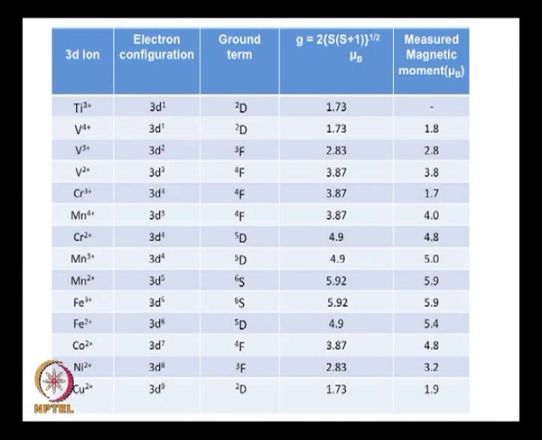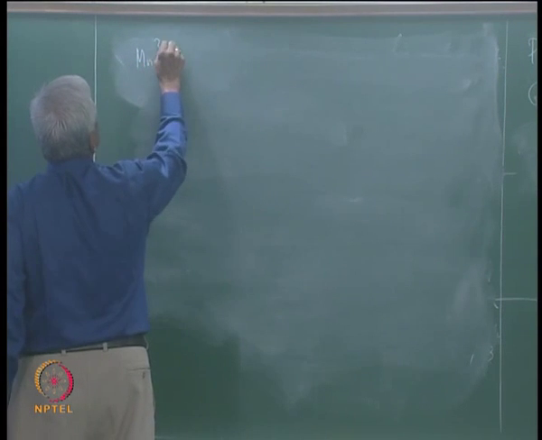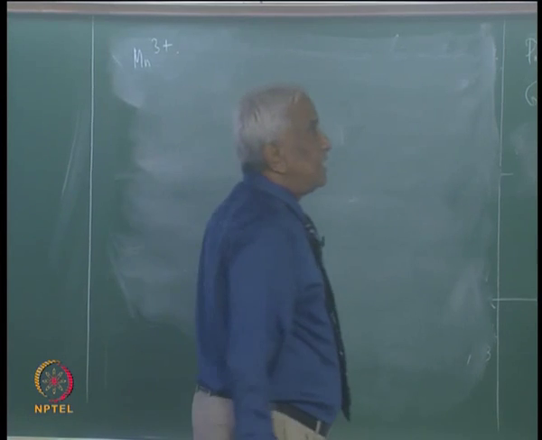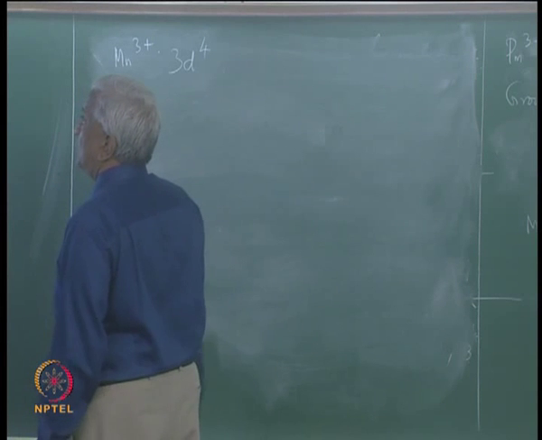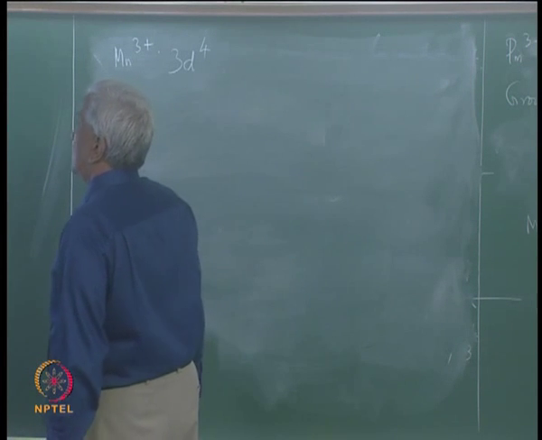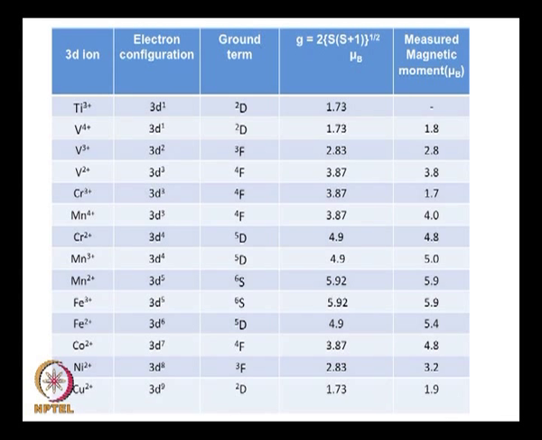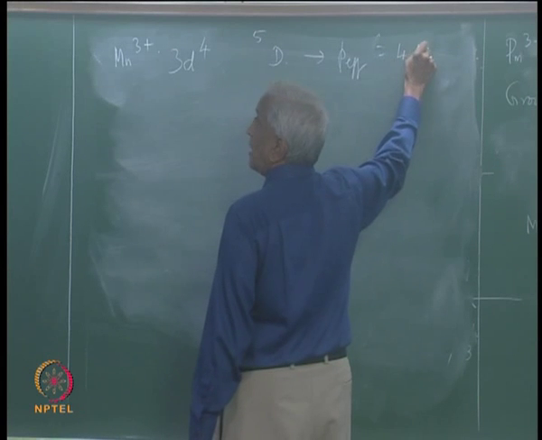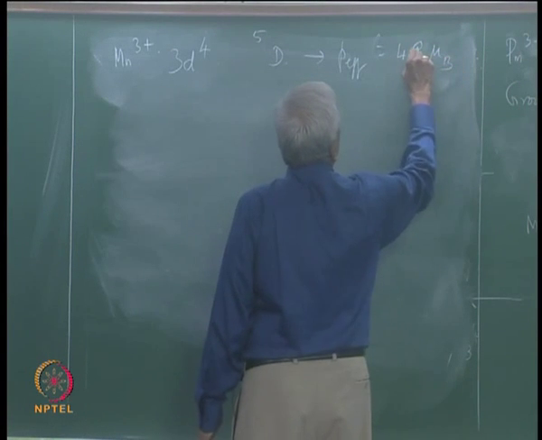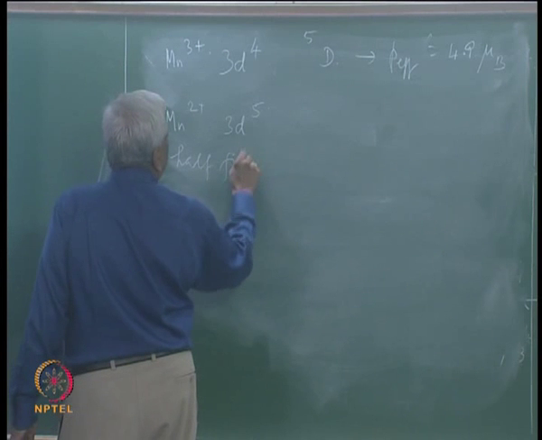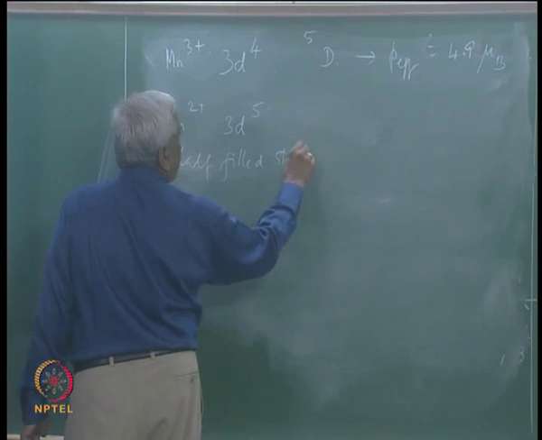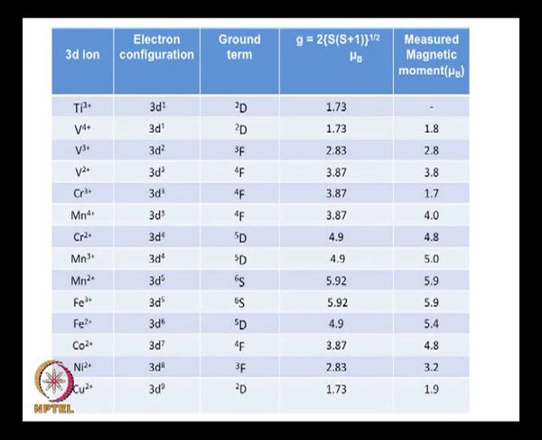Then we move on to manganese 3 plus, which has 4 electrons in the 3d shell, and therefore it has a 5D term giving a magnetic moment of 4.9 Bohr magnetons. Then Mn 2 plus, which has 5 electrons, so it is a half filled shell with a spectroscopic ground term of 6S.